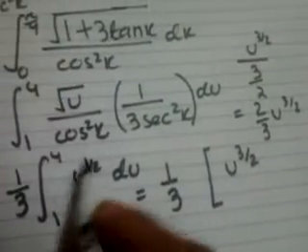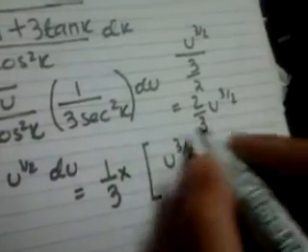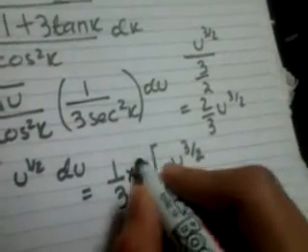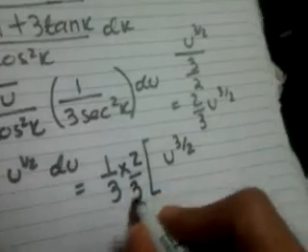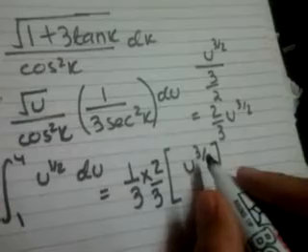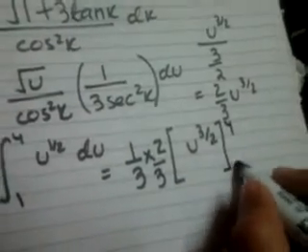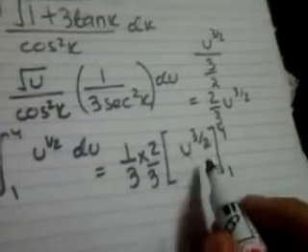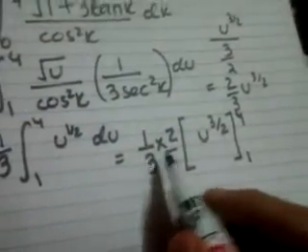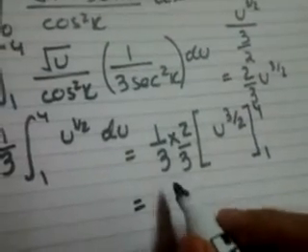So integration of this will give this, but 2 by 3 is a constant, and again we don't need this while integrating, so just put the constant out, and look, it just makes the work simpler. And this is from 1 to 4. Just the constant I have pulled out, and this is just simple work.